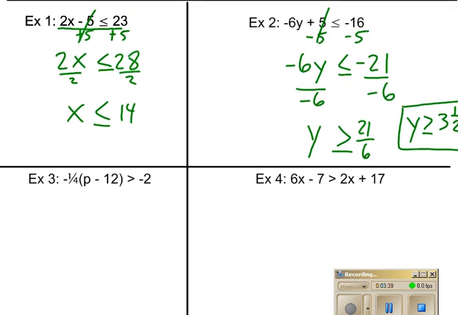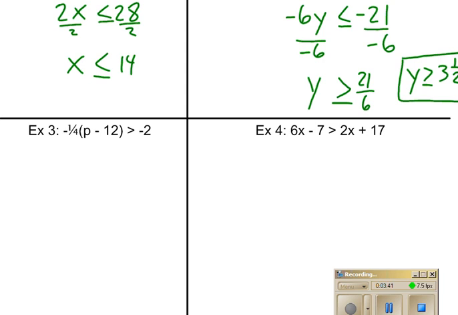For example 3, if this was a regular equation, I would have to start by doing the distributive property. We need to get rid of those parentheses. Negative 1/4 times p would be negative 1/4 p.